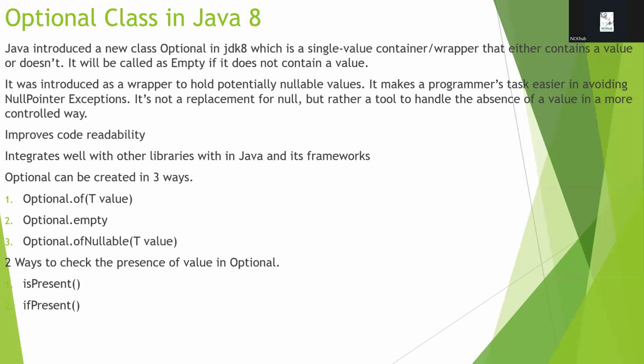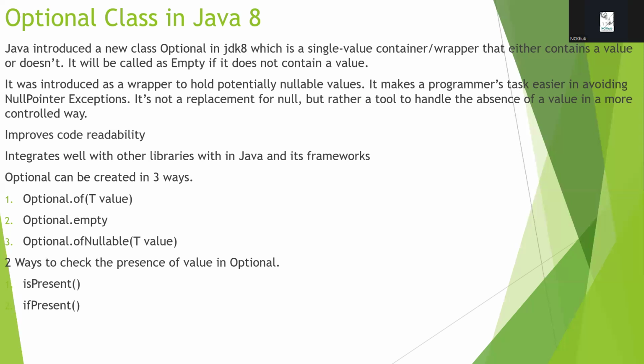In most cases, we get the response of those methods as an Optional object itself, and we use all the other API methods on those objects. But since we need to know how to create an object for an Optional class, we need to understand that there are three ways of doing it.